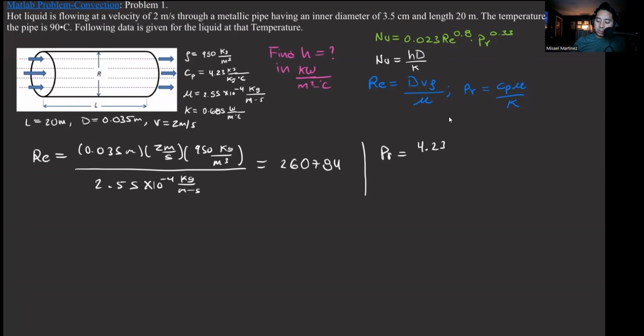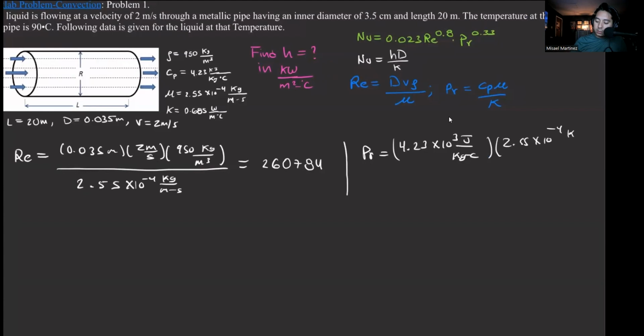So this is 0.23 times 10 to the 3 joules per kilogram Celsius, times my viscosity mu, once again 2.55 times 10 to the negative 4 kilograms per meter second, divided by K, which in this case is 0.685 watts per meter Celsius.